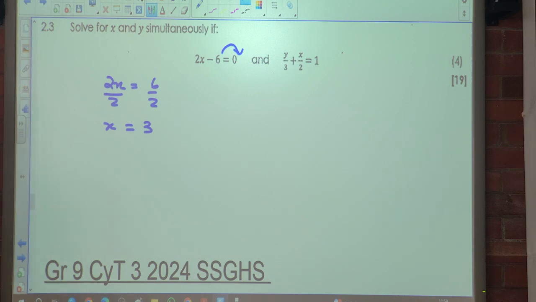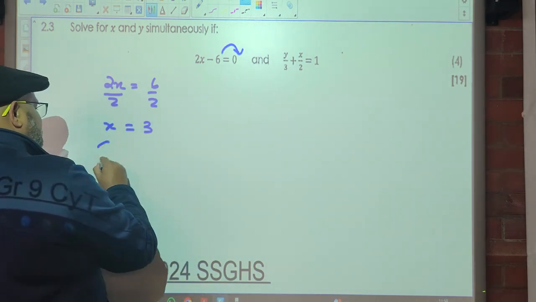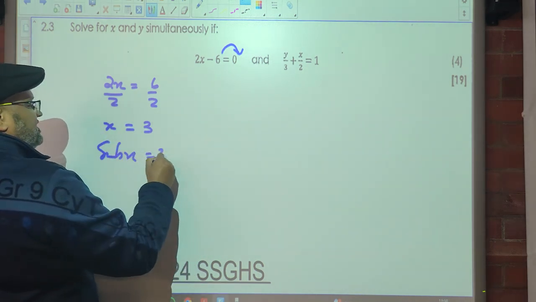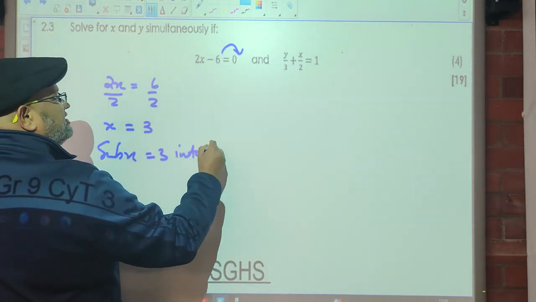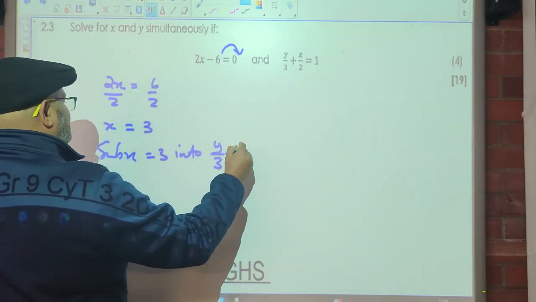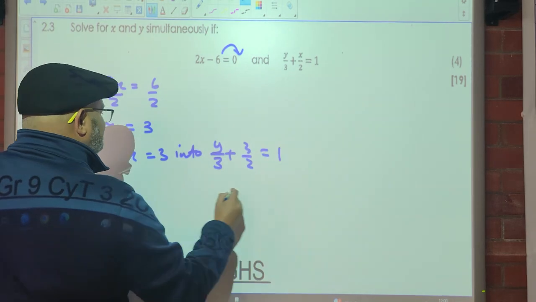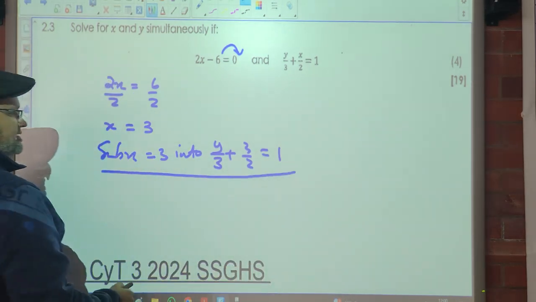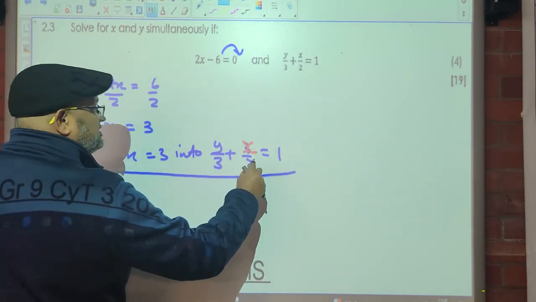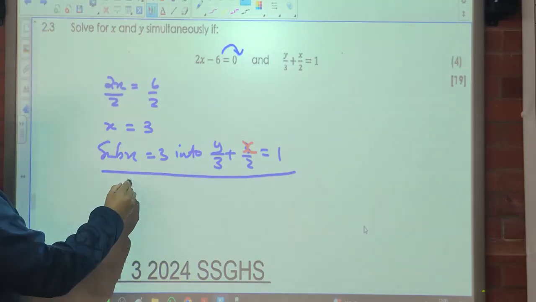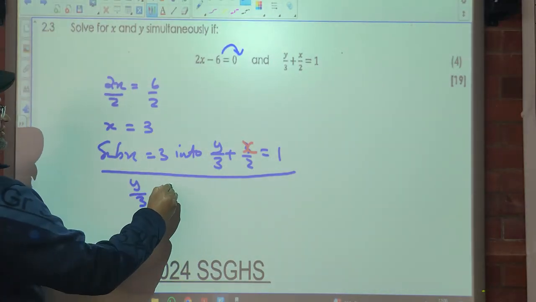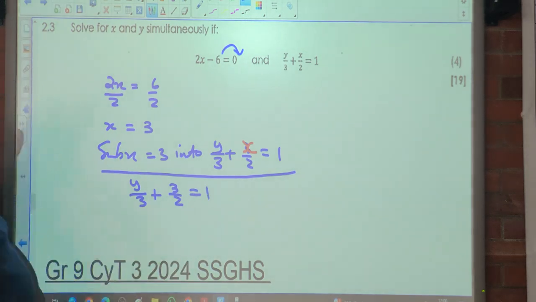So what do I do now? Now we'll substitute x equal to 3 into y over 3 plus x over 2 equals 1. So it's now going to read y over 3 plus 3 over 2 is equal to 1.